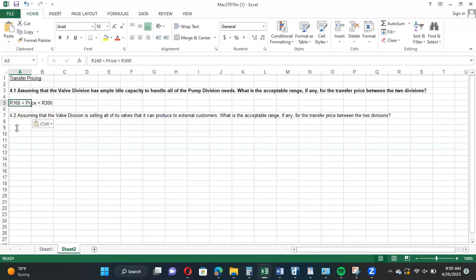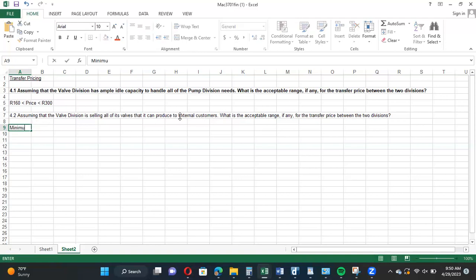Now we need to have a different minimum price, because the other division is losing now. Assuming that the valve division is selling all its valves to external customers, if they have to sell some of those to us, they need to sacrifice some of the profit that they could have made from external customers, and bring it over to our side.